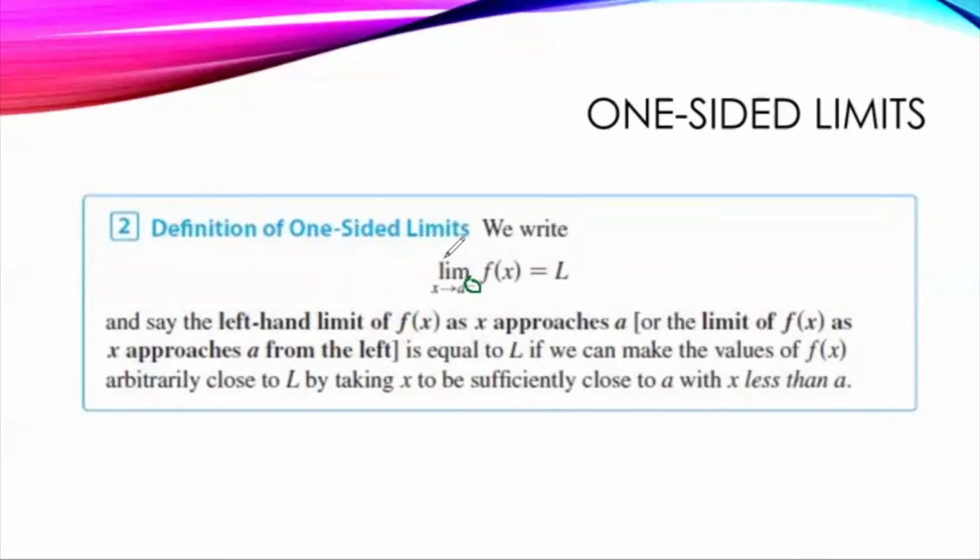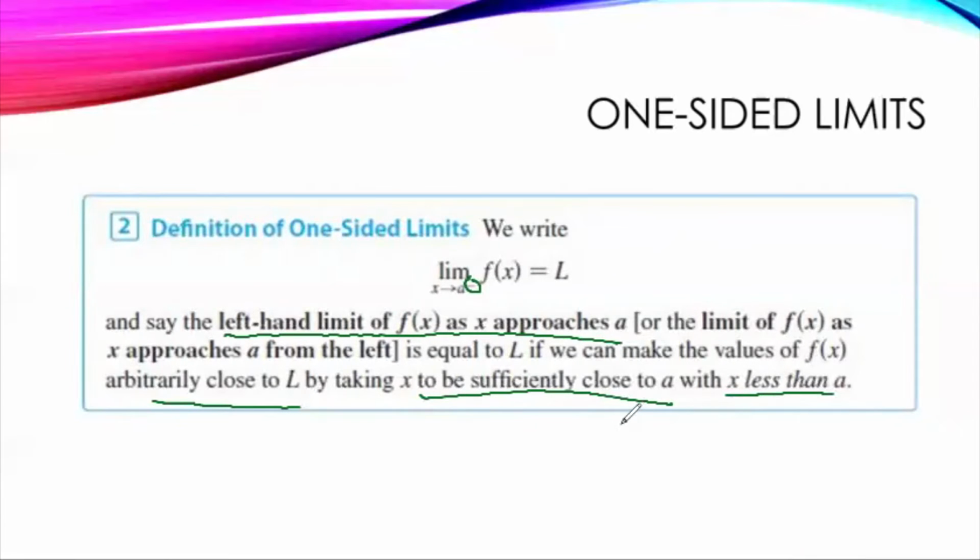The limit of f of x as x approaches a from the left is equal to L. We say that the limit of f of x as x approaches a from the left is equal to L if we can make the values of f of x arbitrarily close to L by taking x to be sufficiently close to a, with x less than a.